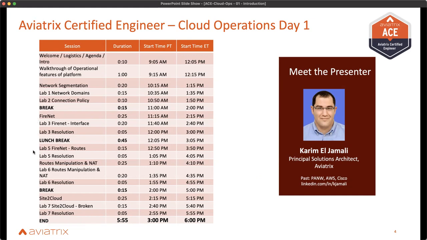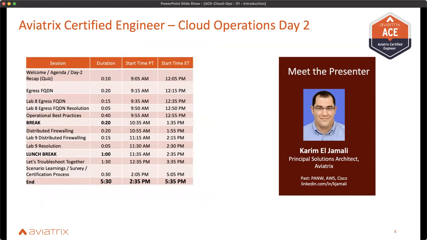There is some route manipulation, site to cloud. So that's how it's going to work. There's the lecture, and there are labs that pertain to that lecture. Day 2 might be a bit shorter, but that is what it is. Again, for self-paced, you can take it at any pace that works for you.